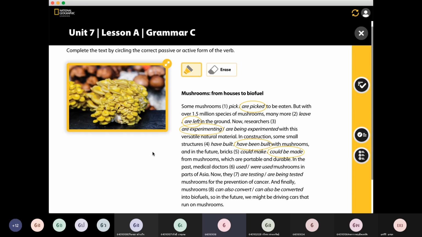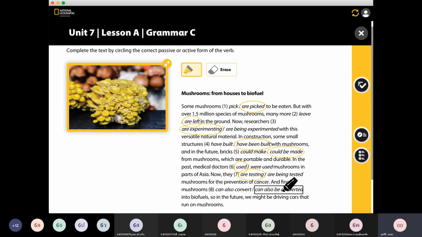Number 6: used. Number 7: are testing, tasting. Number 8: can also be converted.